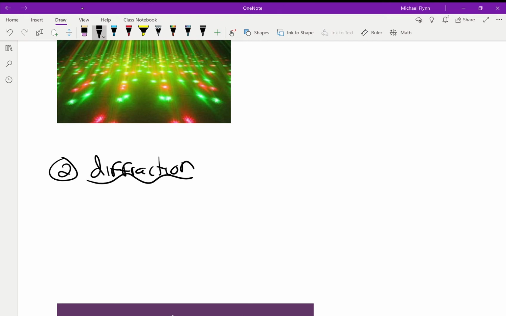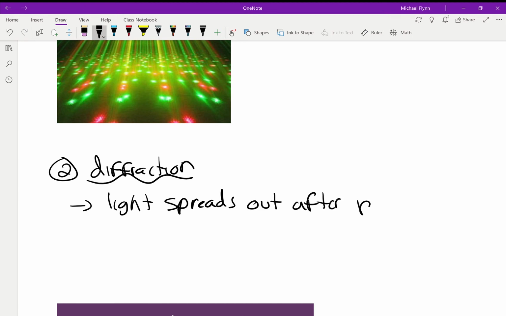Well, diffraction is light spreading out after passing through a narrow opening, like a pinhole or something.